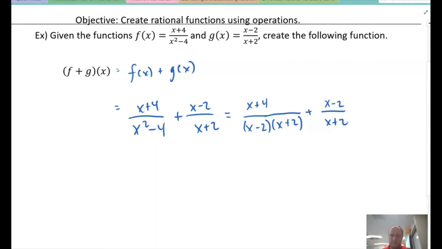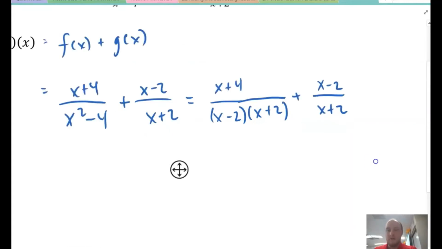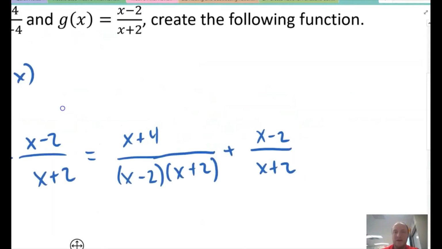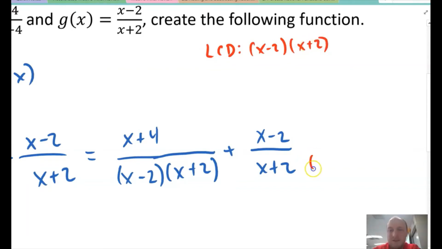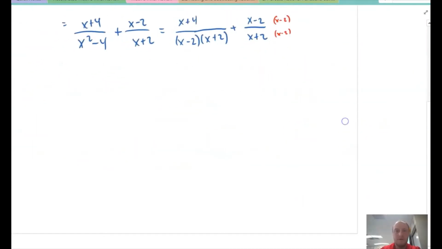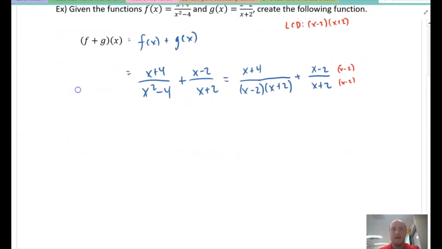Here we go. I need to find a common denominator in order to add these. So my LCD is going to be x minus 2 times x plus 2, and I'm just missing the factor x minus 2 on this term. Computer's acting up.